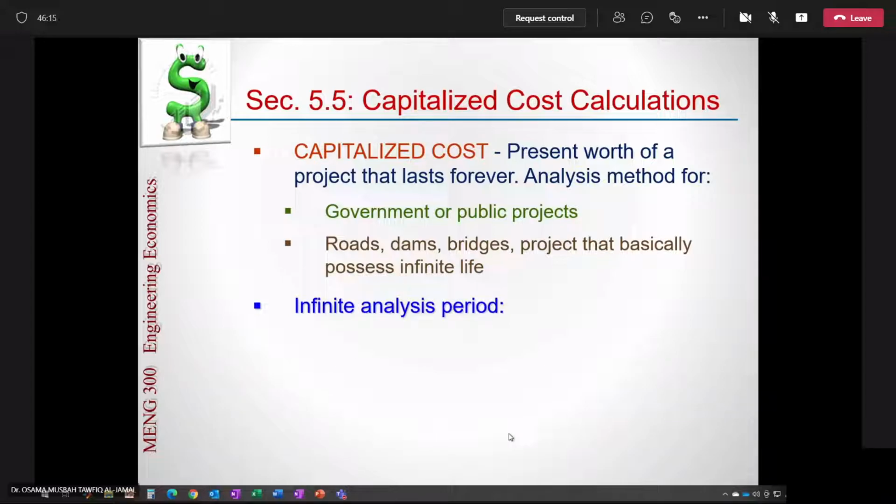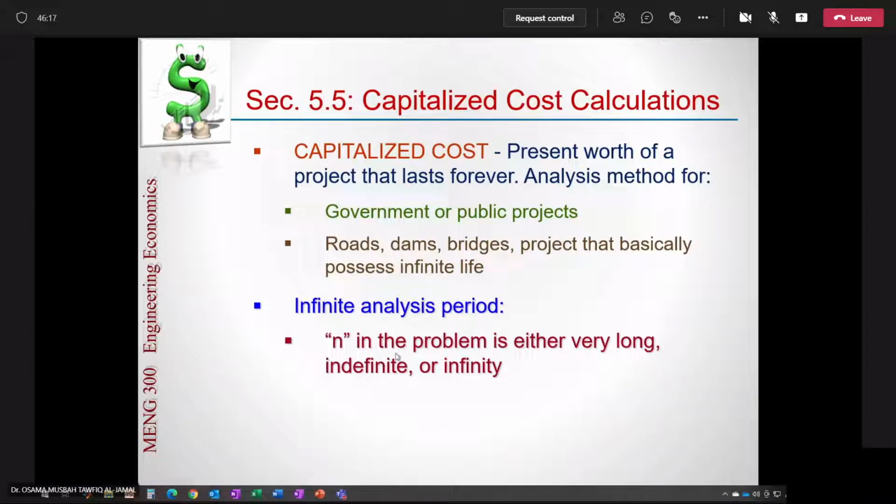The infinite analysis period. The N in the problem is either very long, indefinite, or infinity. This is what we meant by forever. Infinity, 100 years or more, very long. Indefinite: we cannot tell what will be the life of it. 70, 80, 90, 100, 140.